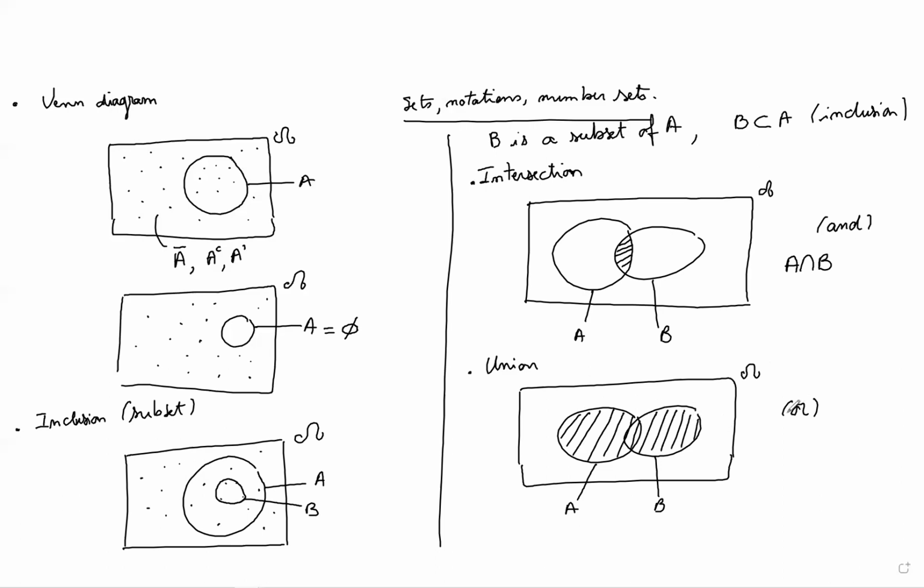So in math, if you see an inscription like cheese or dessert, it would mean cheese or dessert or both. And here the elements are in A or in B or in both. So the intersection is included in the union of it. This is denoted like that. It's called a union.